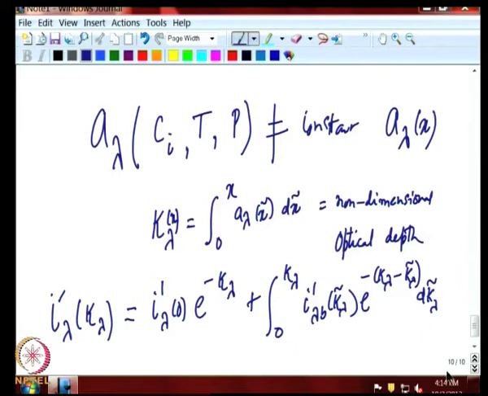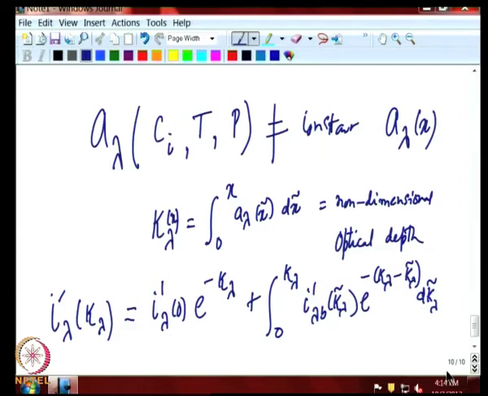So, this is a general equation when the absorption coefficient of the gas is a function of the path along which you are traveling. So, you define a quantity in terms of the non-dimensional optical depth.